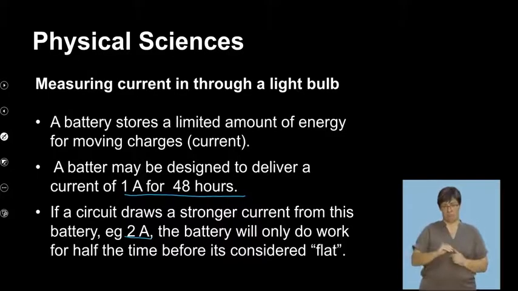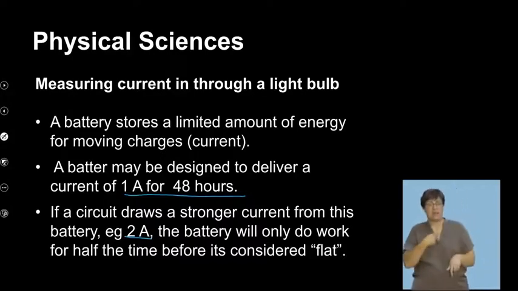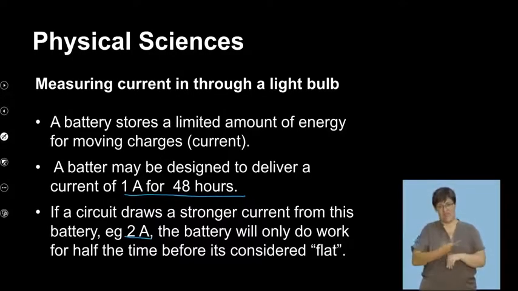So instead of lasting 48 hours, because it was designed to supply 1 ampere of current for 48 hours, in half the time the battery will be flat. Half the time is a day, which is equivalent to 24 hours, okay? So this has to do with the real life application of current, okay?